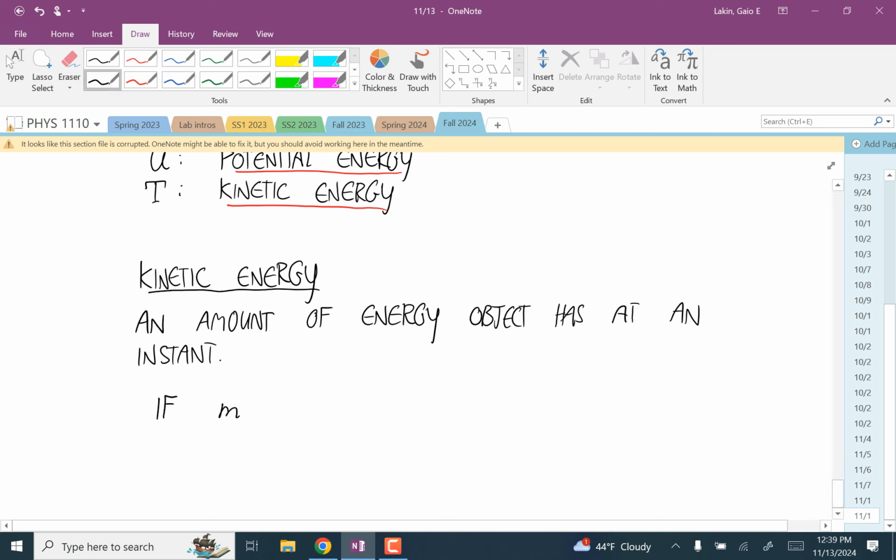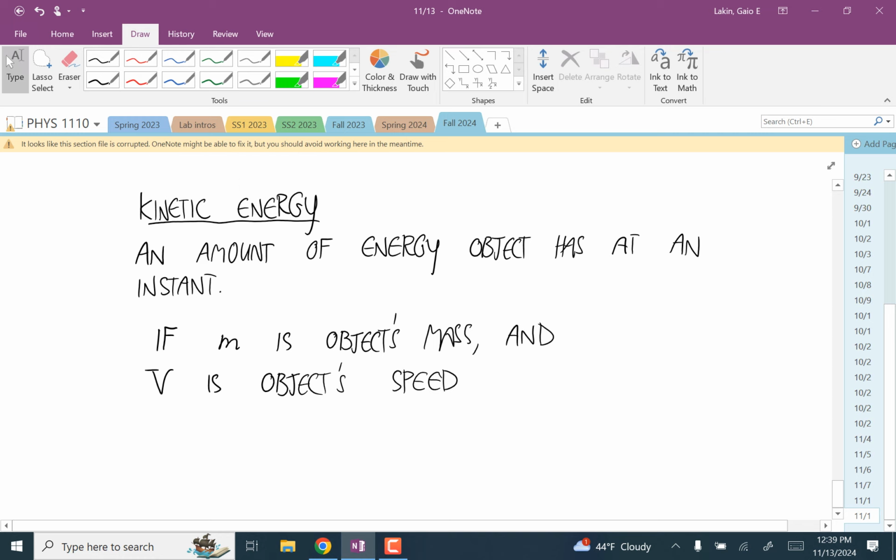If m is the object's mass, and capital V is the object's speed, then the object's kinetic energy at that instant is 1/2 times the mass times the speed squared.